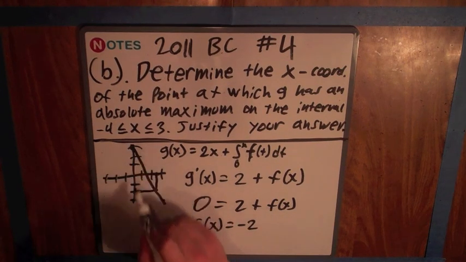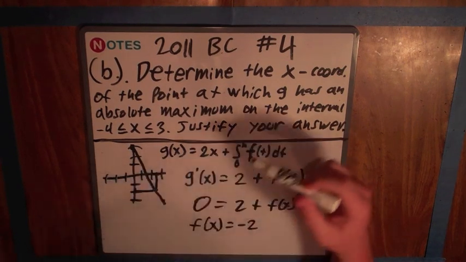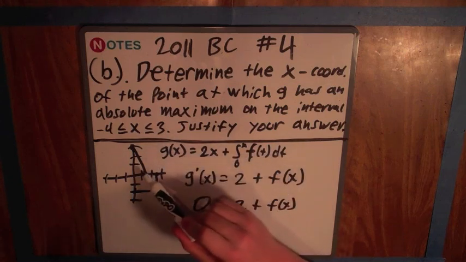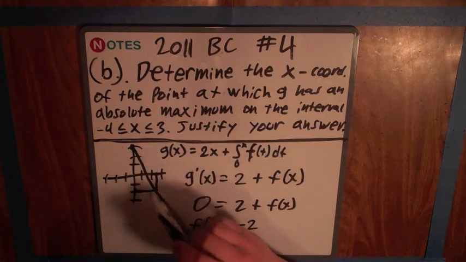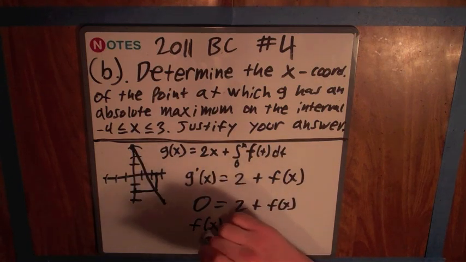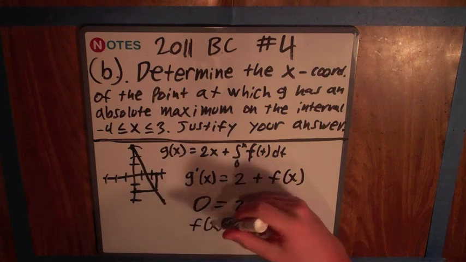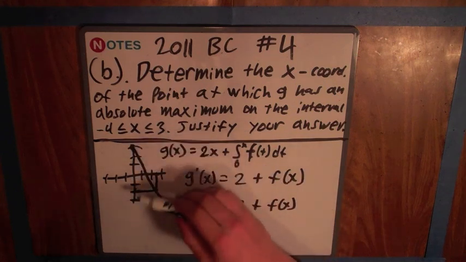So now, looking at my little redone graph, we're trying to find where somewhere on this line we get -2. Now it's going to be the y value.